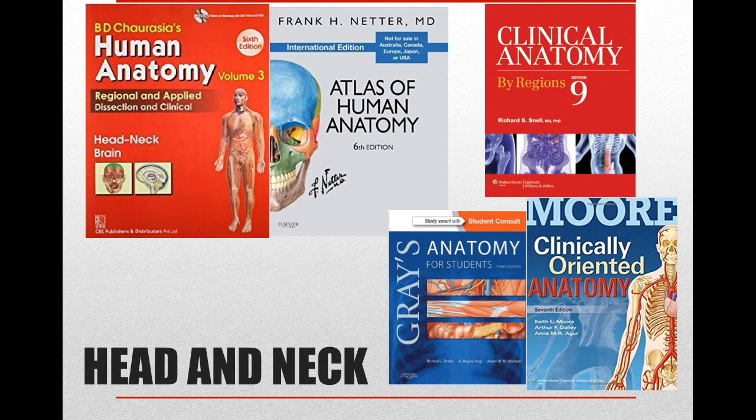Now, head and neck. I read BD Chaurasia, volume 3, which you have to read. I loved the book. It was very easy. It is enough for your level, but there are a lot of other books as well. Whichever book you choose, you need to have the Atlas of Human Anatomy, which is Netter. You have to have it.